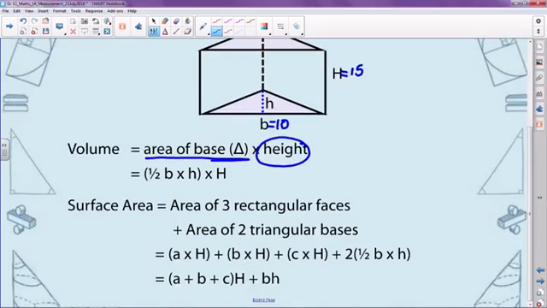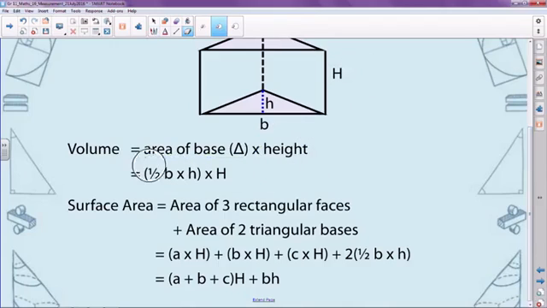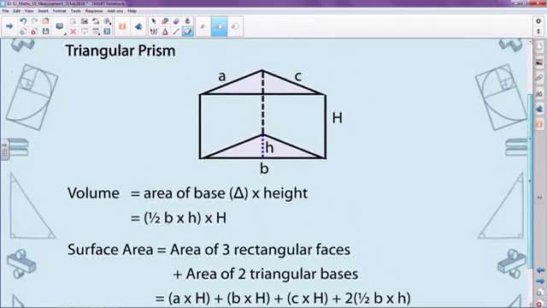And then your surface area, we have the area of 3 rectangular faces plus the area of 2 triangular bases, okay? So the rectangular faces, if you can just break it down.